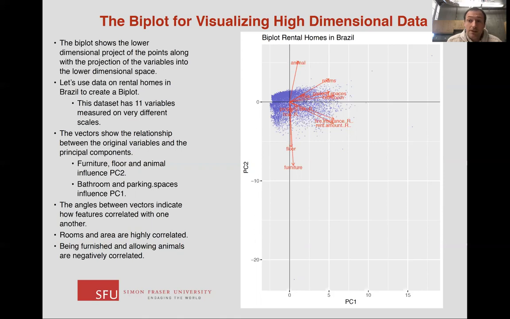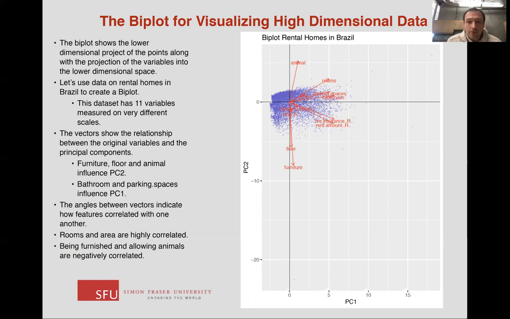We have floor, that's the floor the unit is on, so 1, 2, 3, 4, and so on. And then we have animal, whether or not animals are allowed. We see that all of these features are close to principal component 2, the vertical black line. That means they contribute to that second principal component.